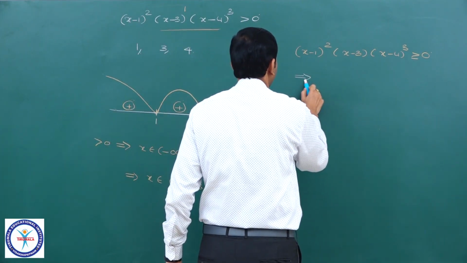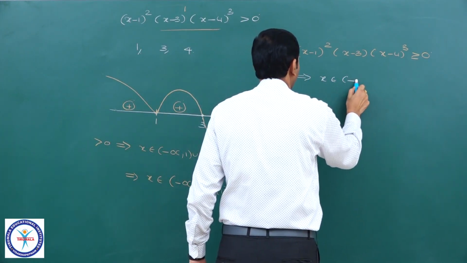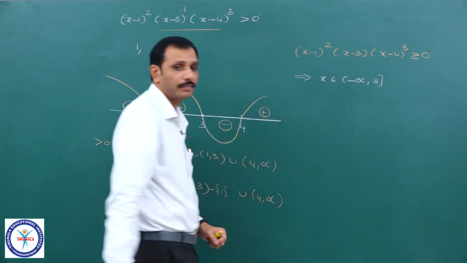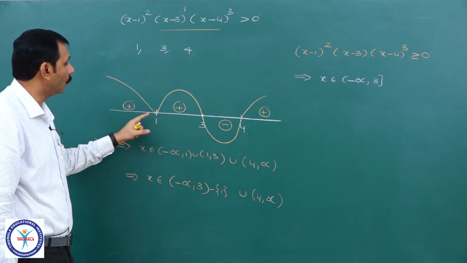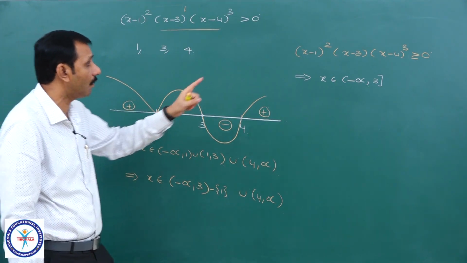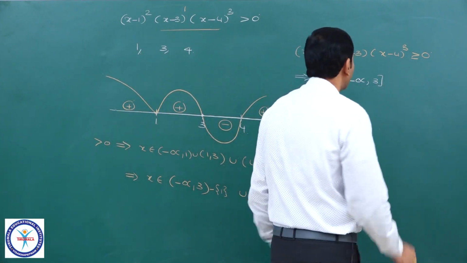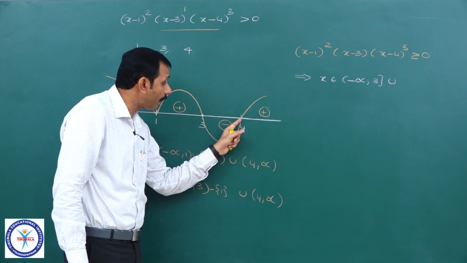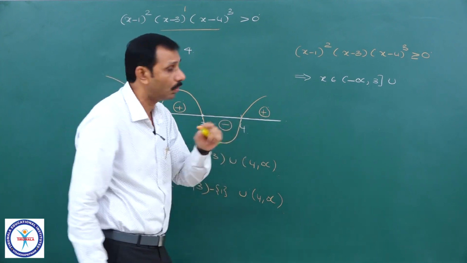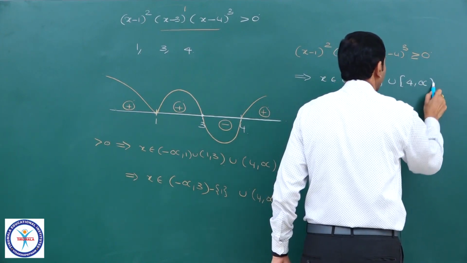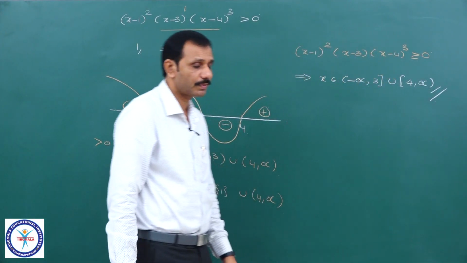Therefore, the solution set is x belongs to minus infinity comma 3, I will write closed, even 1 included. Why? Because at x equal to 1 it is equal to 0, and I want equality. Union, what are the other set of values you see? From 4 to infinity, 4 included. Therefore, union closed 4 to infinity I will write. These are the values.